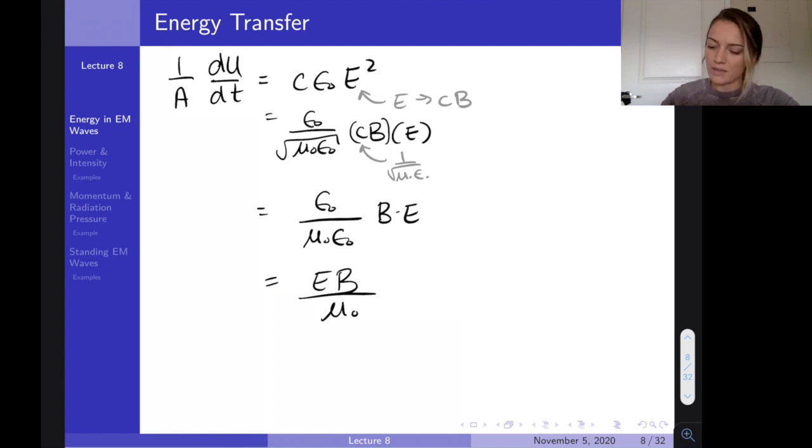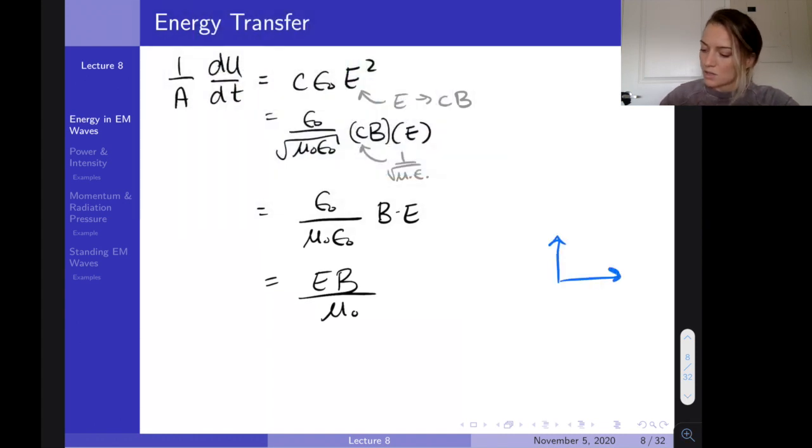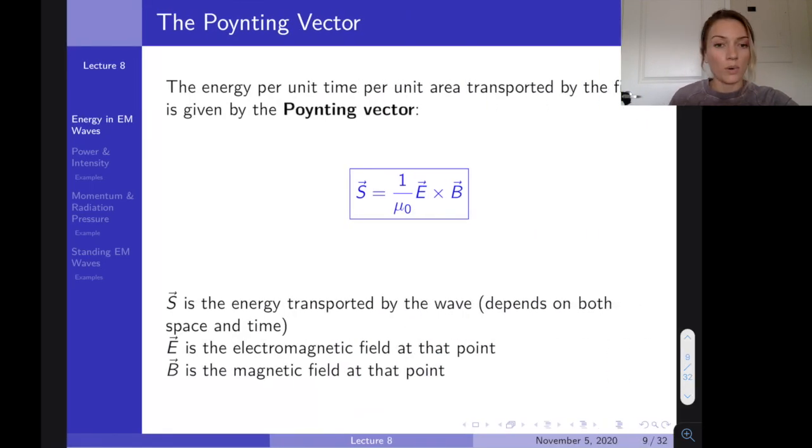But remember, we know that the electric and magnetic fields are perpendicular, right? So if you have two vectors, A and B, that are perpendicular, their cross product will just look like the magnitude of A times the magnitude of B. So that's actually what is going on here. This is the magnitude of a vector, and that vector is called the Poynting vector.